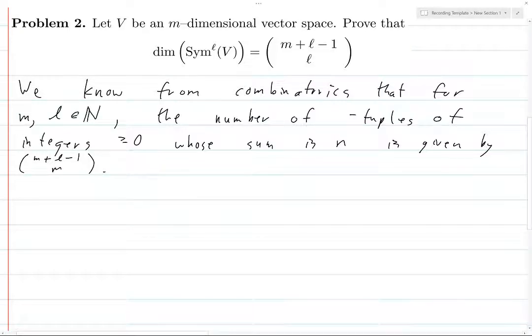The number of m tuples of integers whose sum is L is given by... So we could write this as, instead of L plus m plus L minus 1... Oh wait, no, it was right the first way. Okay, m plus L minus 1 choose L. Okay.